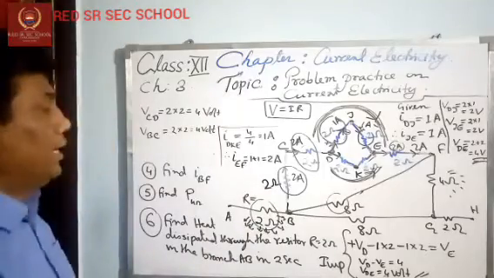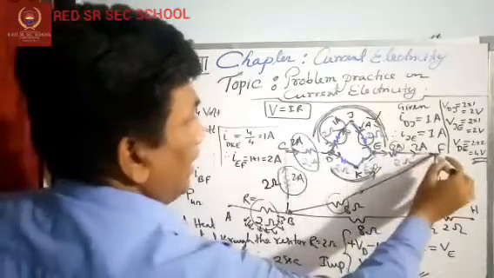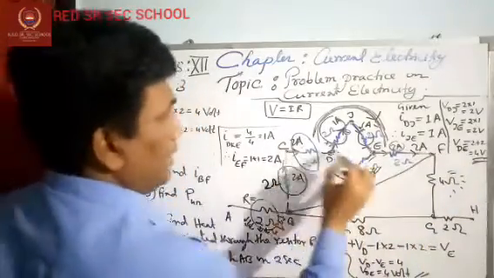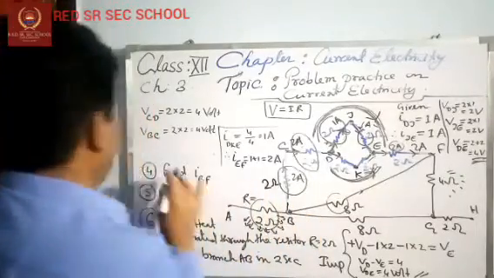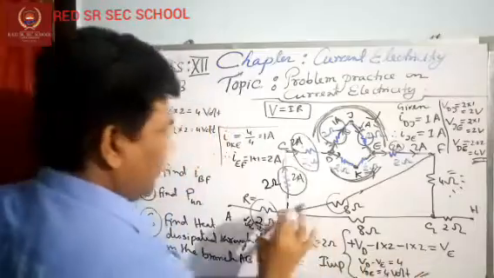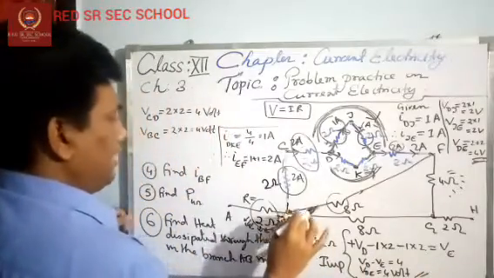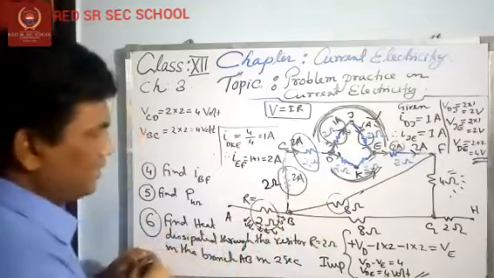Okay. Now I need to find out the potential difference between B and F. What do you need to do? Potential difference between, you can go that way also from plus VB like that, or you can directly club all these things.